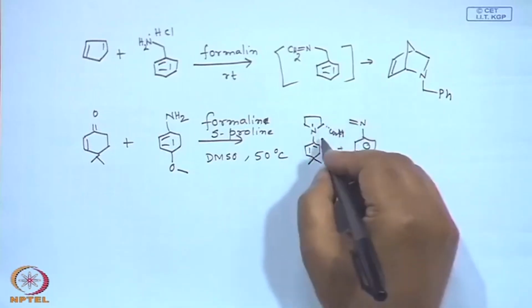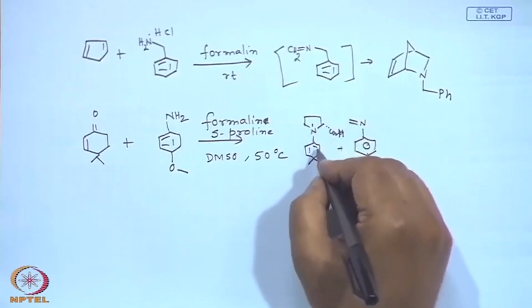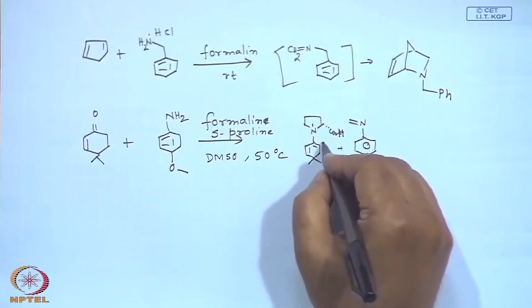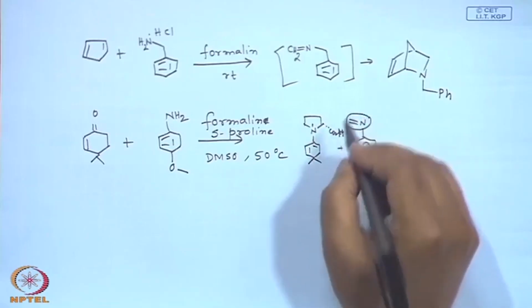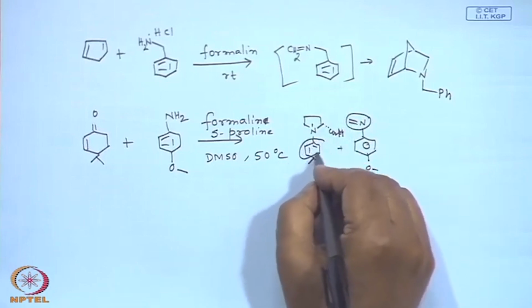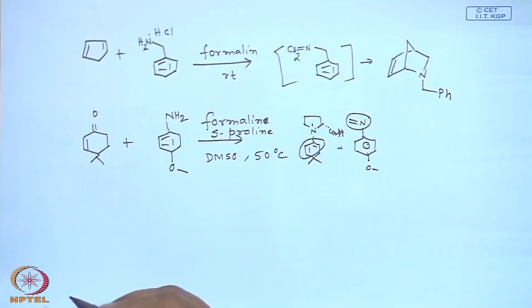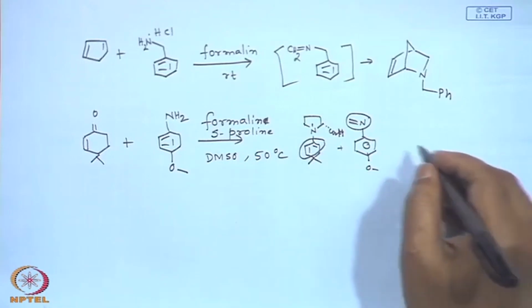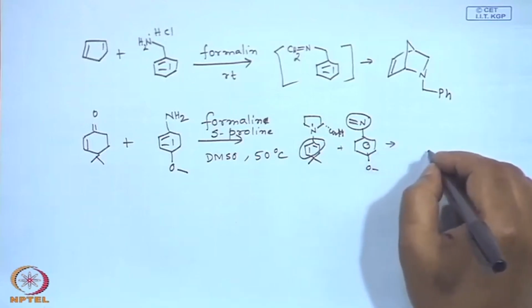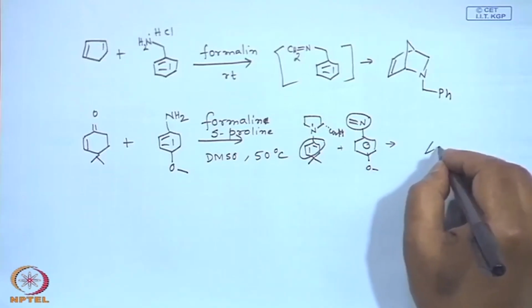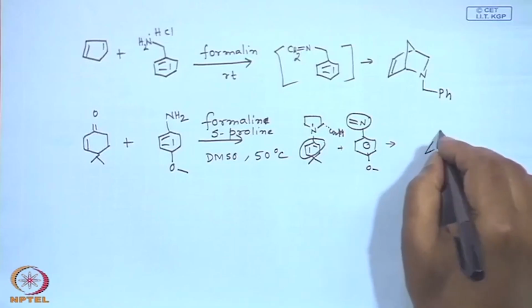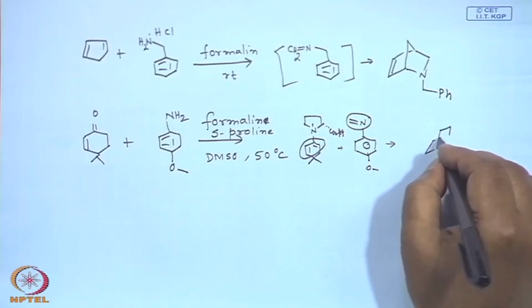Then now you can guess this becomes the diene, and this is the dienophile component. If you sit down, you can work out this problem at home without much problem.